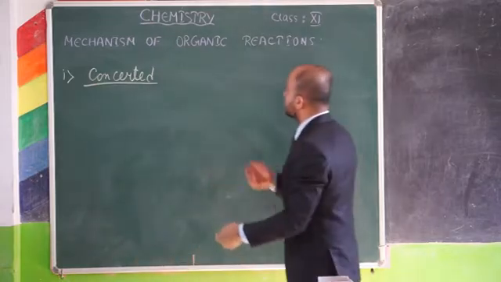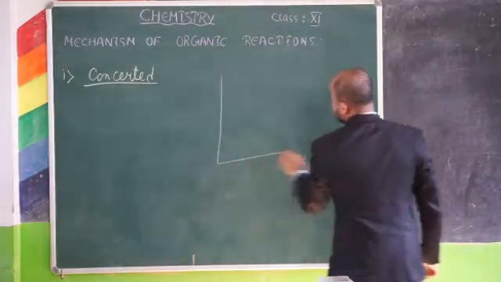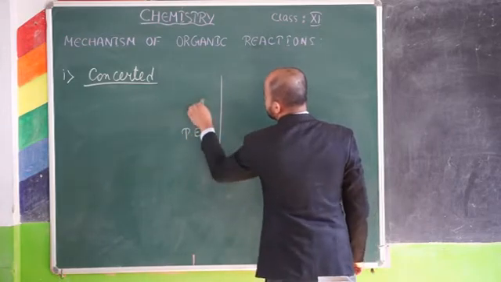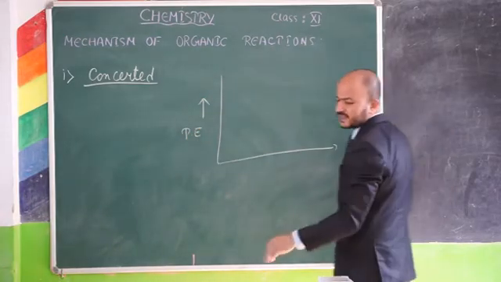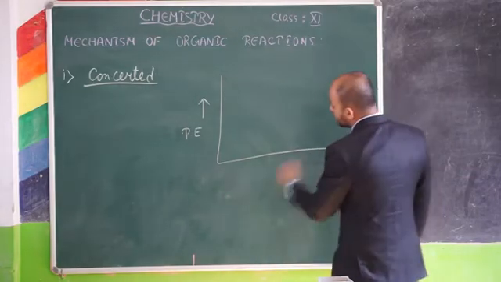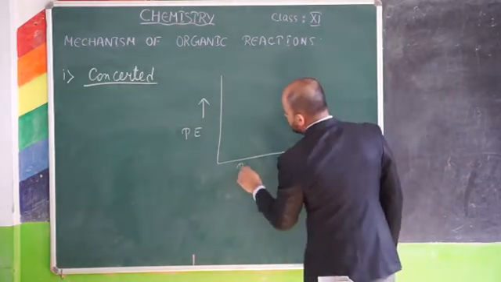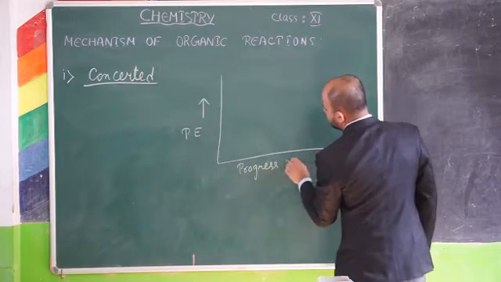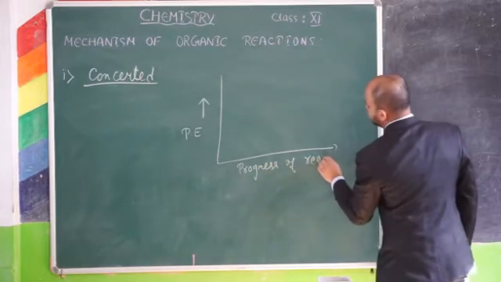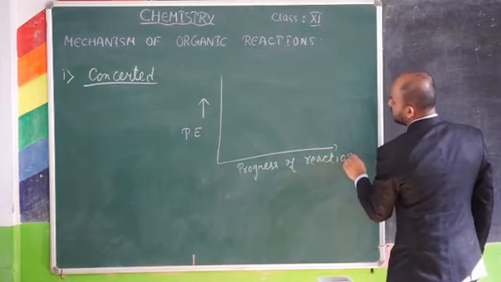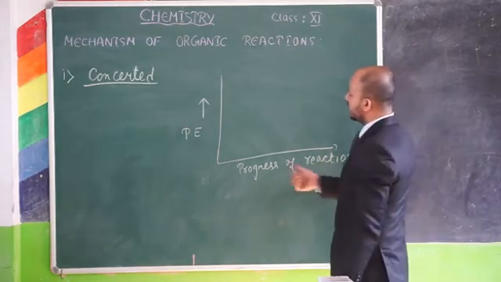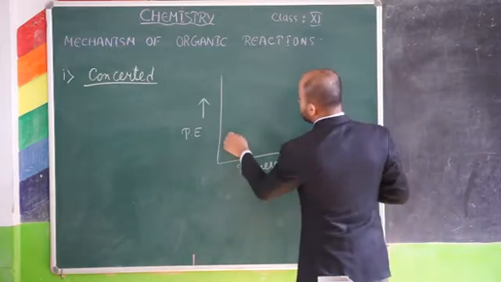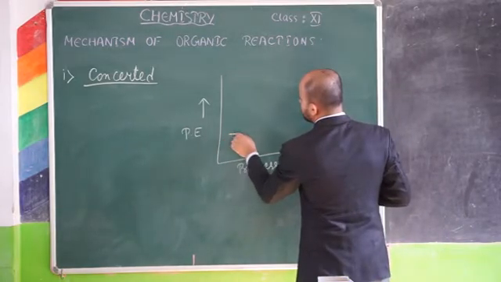In concerted mechanism, you have potential energy on the y-axis, and on this side you have the reaction coordinate, the progress of the reaction, on the x-axis.